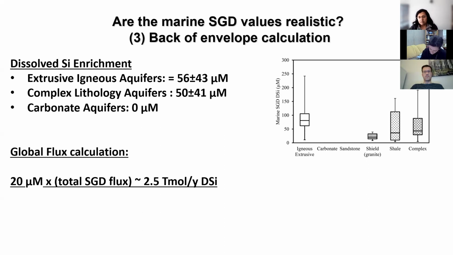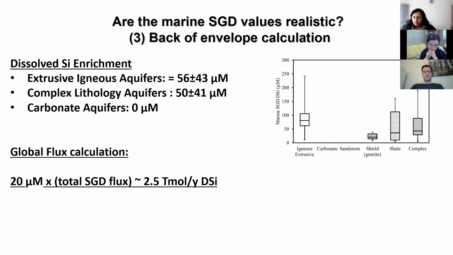And we took an average of these, which is about 20 micromolar, a flux weighted average, and just multiplied it by a global volumetric SGD flux and got about 2.5 teramoles of DSi per year, which is pretty darn good, I think, compared to the estimates that have been derived from all of these different methods.